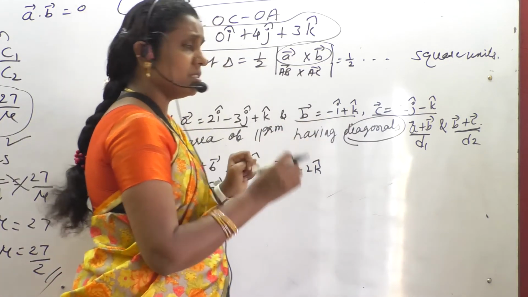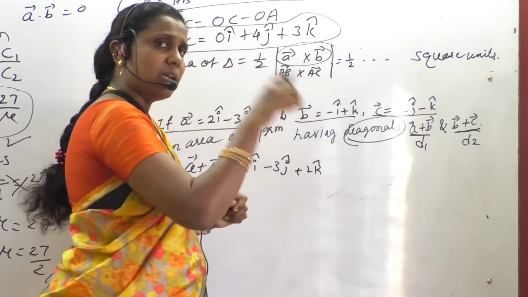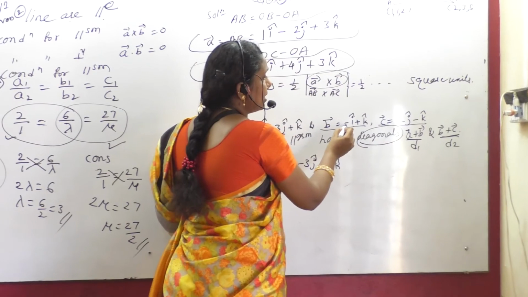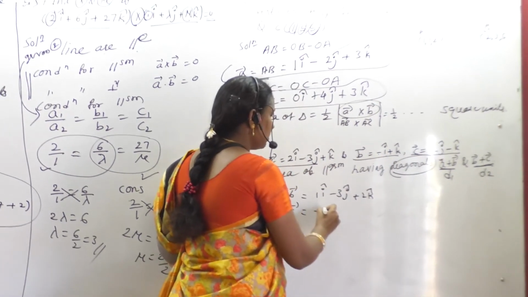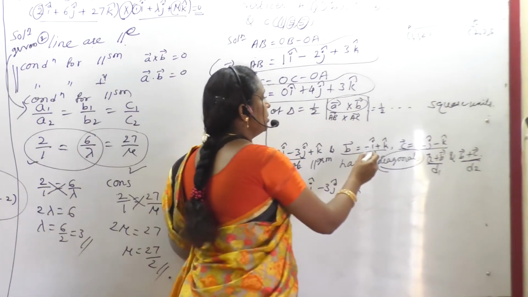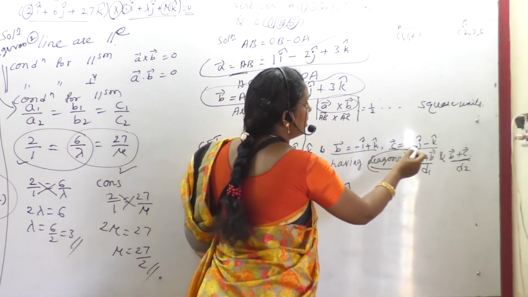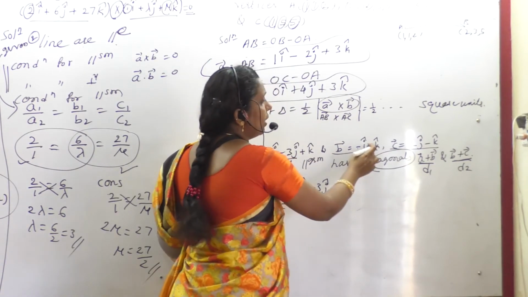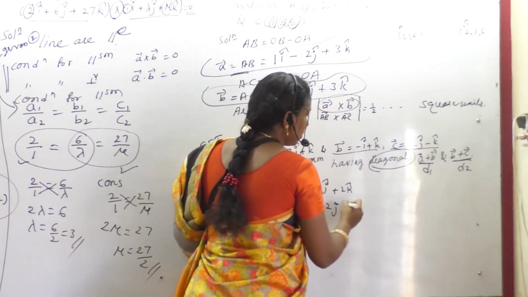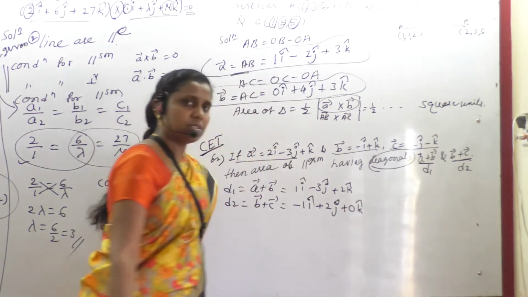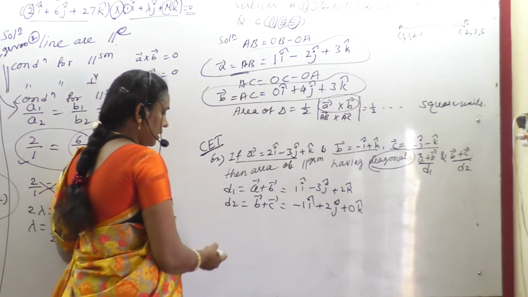Just make the grouping of the same terms. Don't miss any of the things. I, minus 1, there is no i here, that's why minus 1i. Even if you write minus i, no problem. Same. J, there is no j, 0j plus 2j is equal to 2j. 1k minus 1k is equal to 0k. So got it? These are D1 and D2.